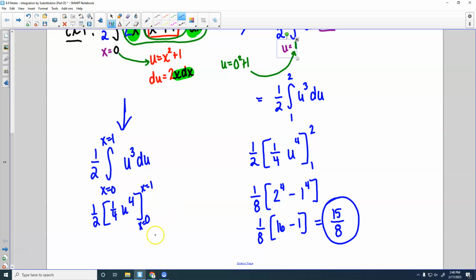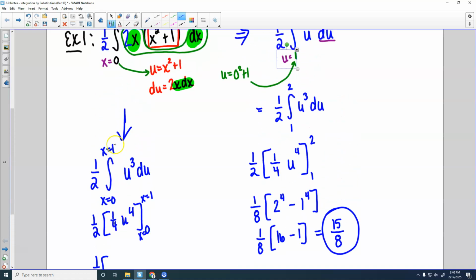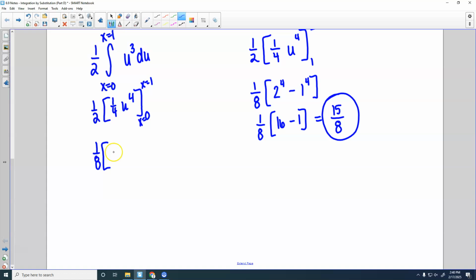And you could change it back to x's. So you'd have 1/8, and then instead of u, you would have x squared plus 1 to the 4th. The x's would not be necessary anymore since we switched back to x's.